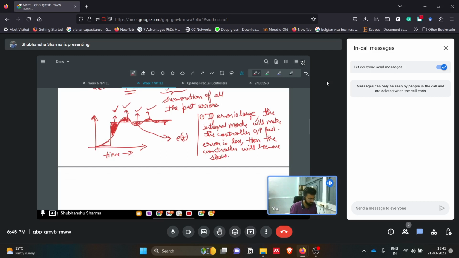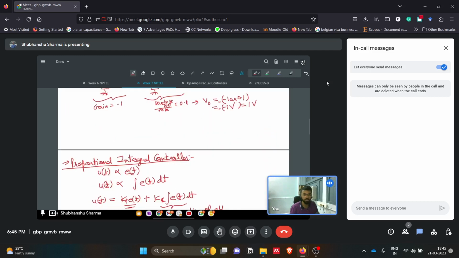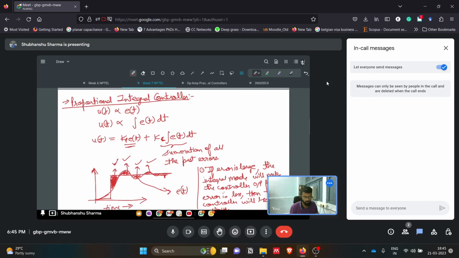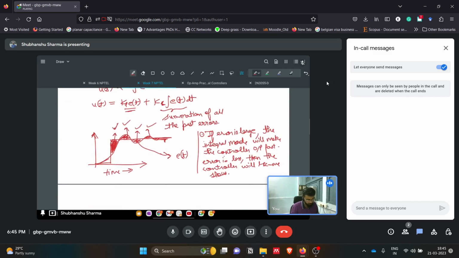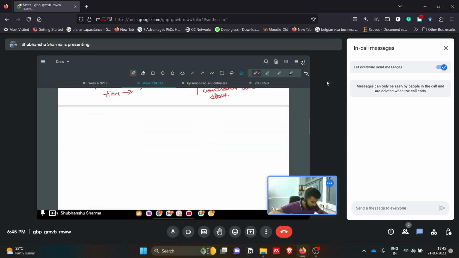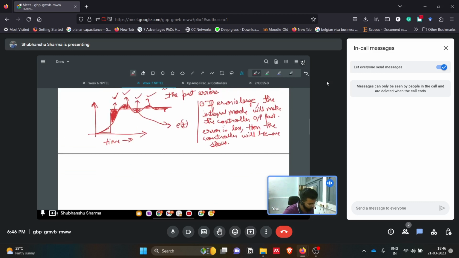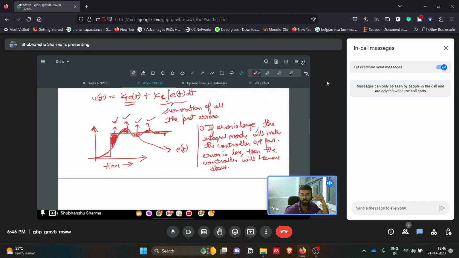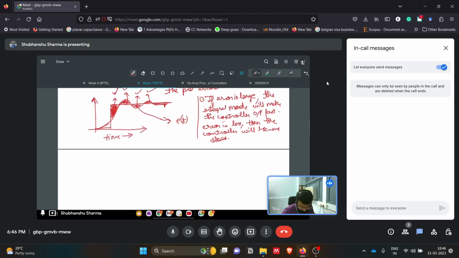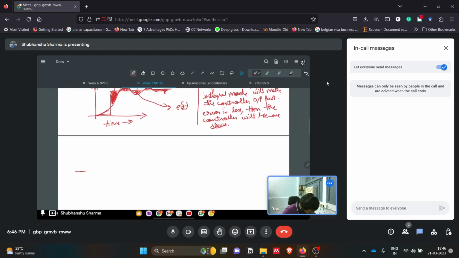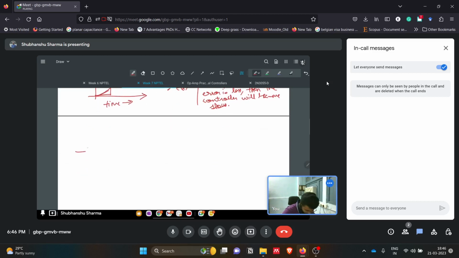So how can we realize this proportional integral controller using opamps? As we know, this is the combination of the proportional controller and the integral controller. One part of the circuit will be taking care of the proportional gain.